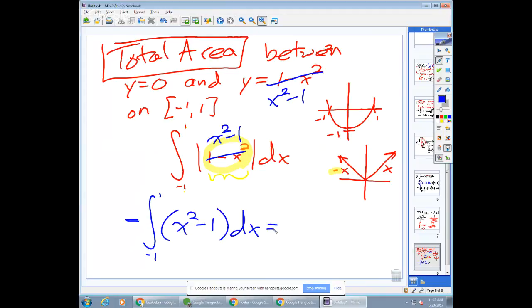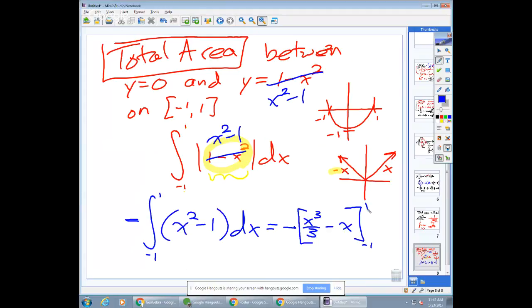When I take an antiderivative, don't forget we have a negative out front of our square bracket. Antiderivative for x squared is x cubed over 3, and then antiderivative for 1 is x, evaluated from -1 to 1. We could have used symmetry here and doubled the integral from 0 to 1, but we've gone this far.